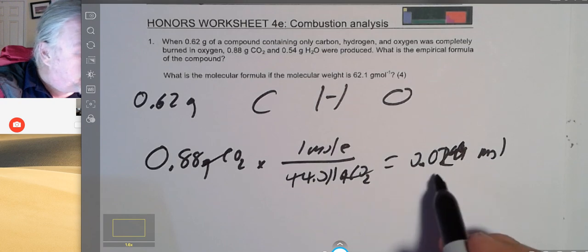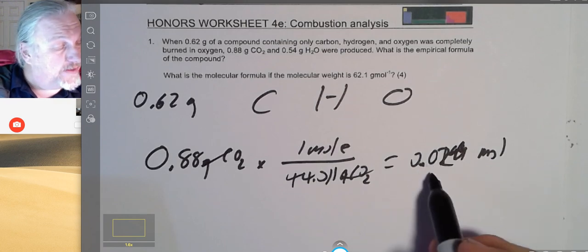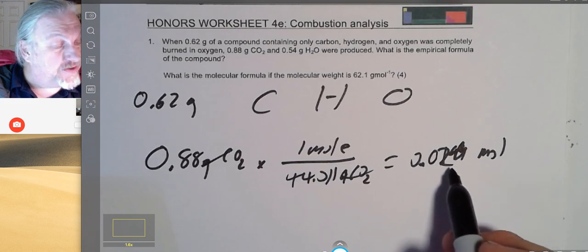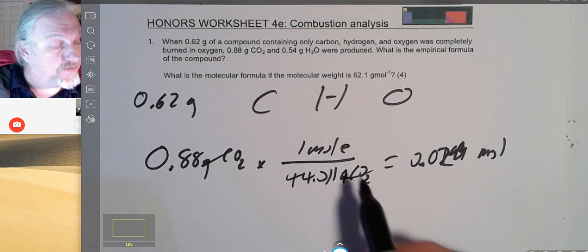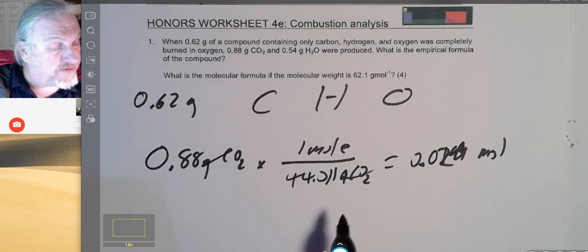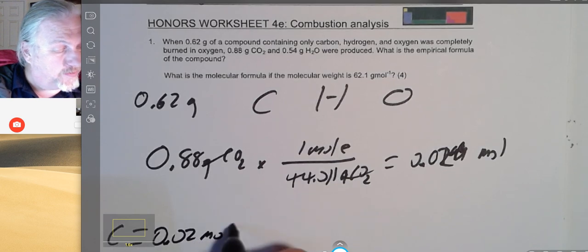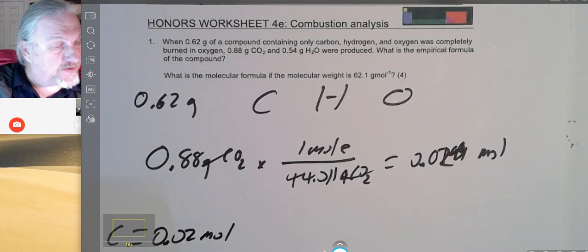So if I've got 0.02 moles of carbon dioxide, what that tells me is that I've got 0.02 moles of carbon, because there's 1 mole of carbon in each mole of carbon dioxide. So over here I can write that down. Carbon equals 0.02 moles.